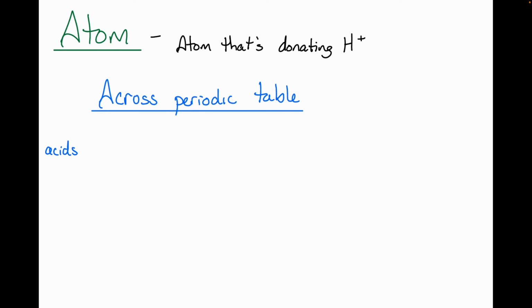All right, so I want carbon, nitrogen, oxygen, and fluorine. The smallest possible carbon that we could have would be CH4. Nitrogen would be NH3. Oxygen would be our water, H2O. And then fluorine would be HF.